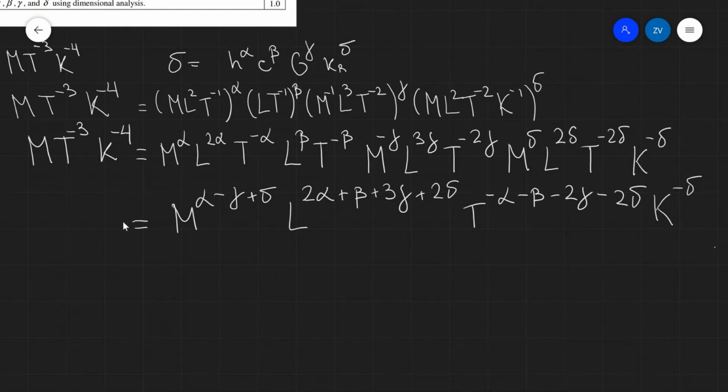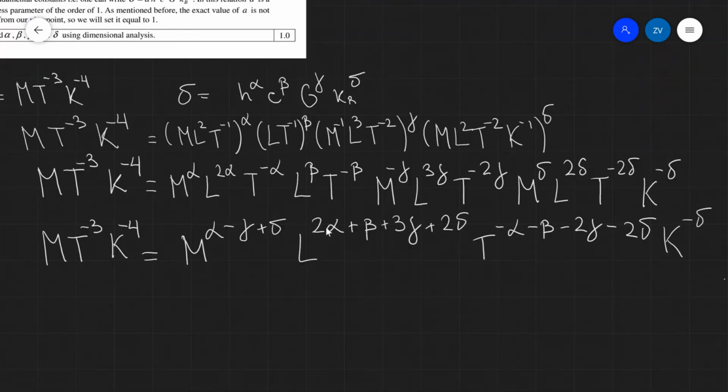Now together, all of this will have to equal m t to the power of minus 3 K to the power of minus 4. This means that individually, alpha minus gamma plus sigma is going to have to equal 1, and 2 alpha plus beta plus 3 gamma plus 2 sigma will have to equal 0, because there is no factor of L on the left hand side.